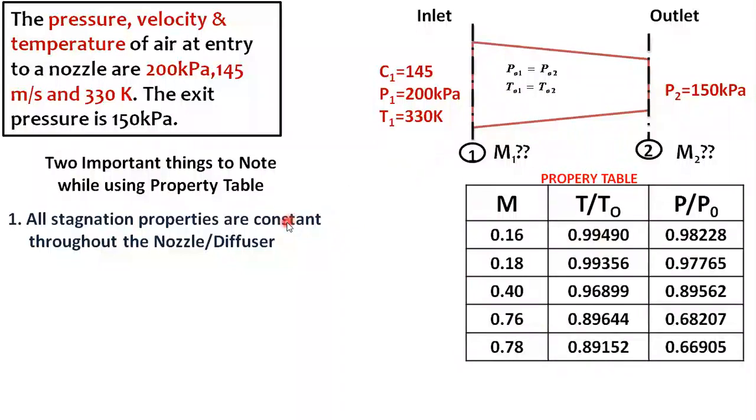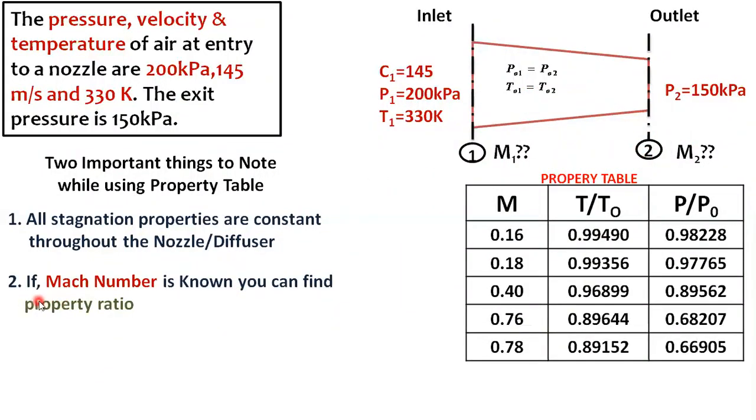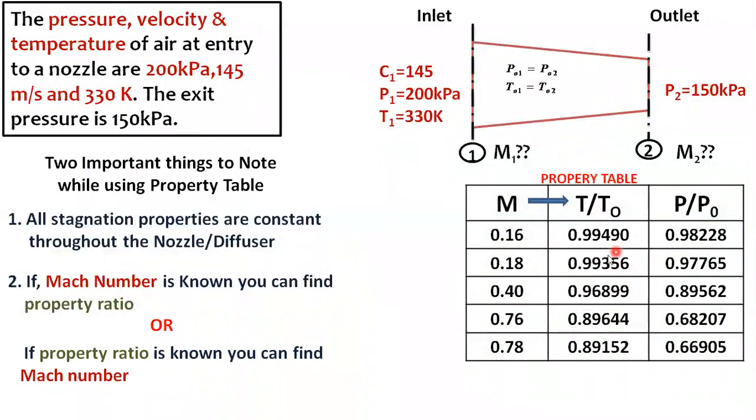So these stagnation property values are the key, or the bridge, between the inlet and exit. You can use this stagnation property at the inlet, and the same property at the exit also. Second point, if you know the Mach number, then you can find out any property ratio, or if you know the property ratio, then you can find out the Mach number.